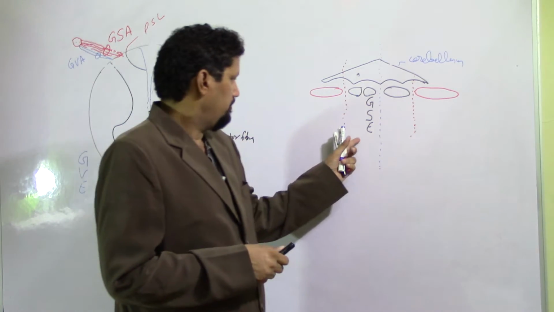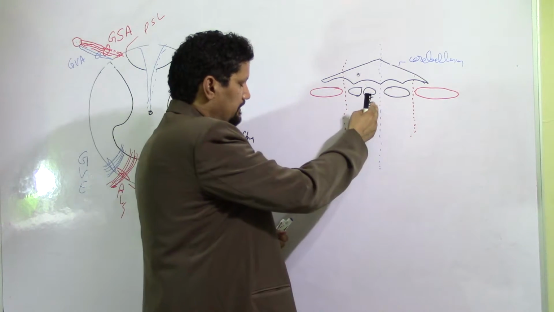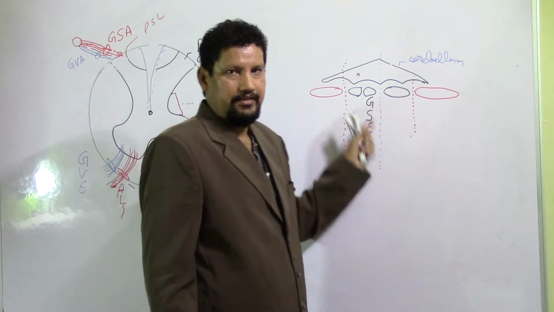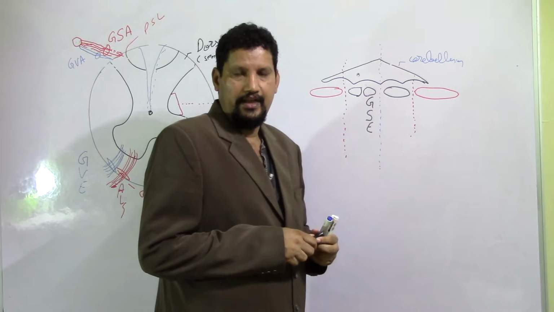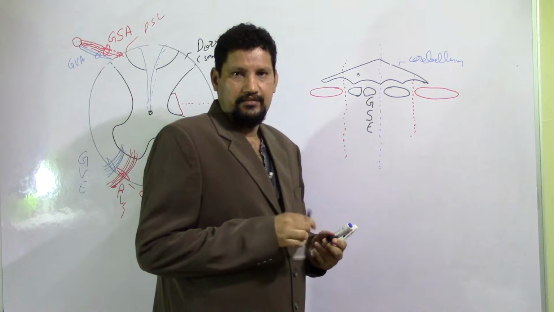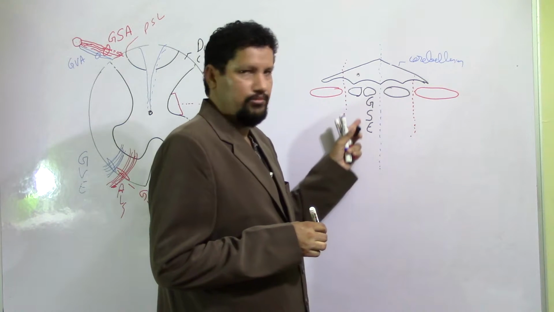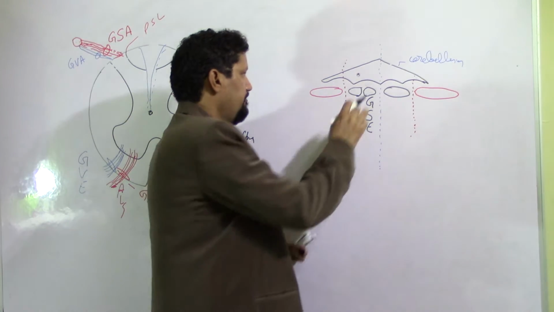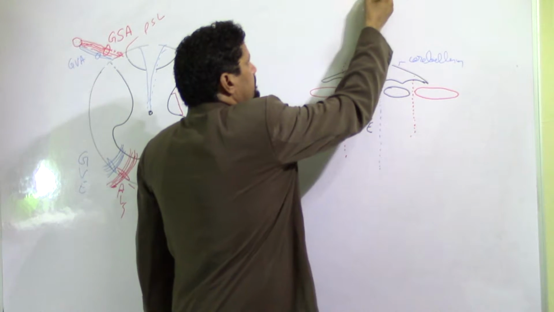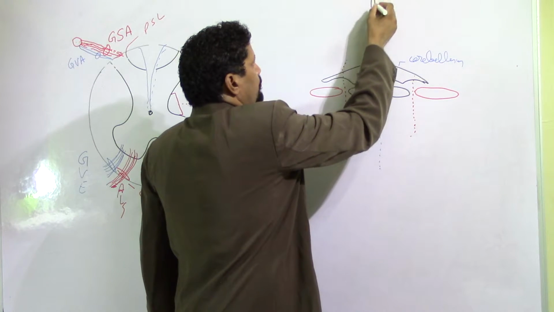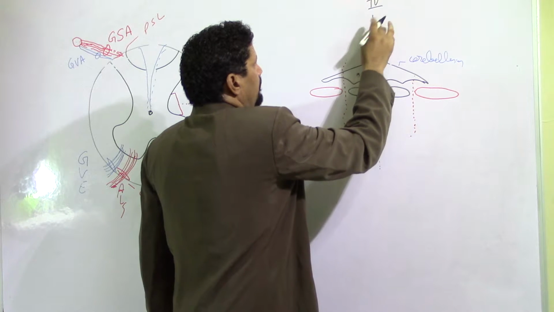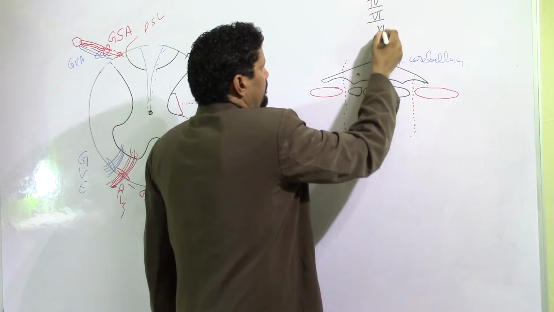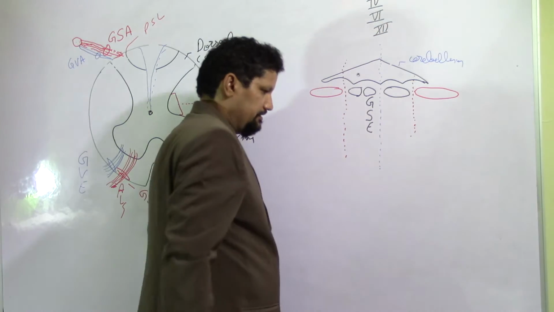So first of all, I will talk about the general somatic efferent. This is again the motor component, supplying the muscles which develop from soma, that is body wall, and these are represented by the third, fourth, sixth and 12th cranial nerves in the head and neck region.